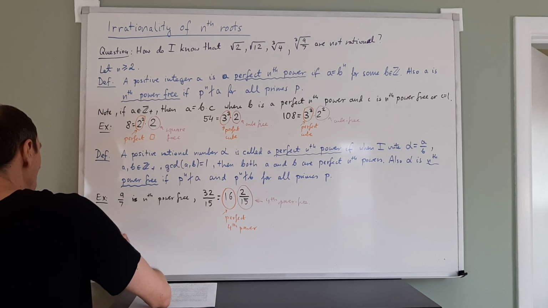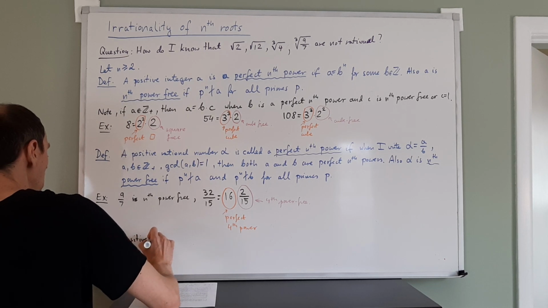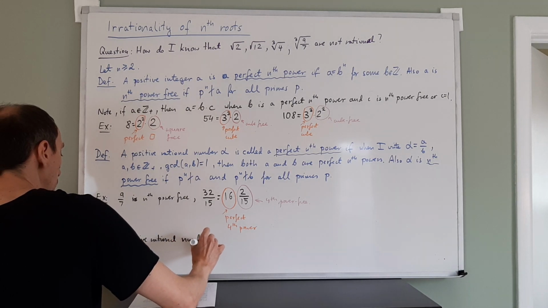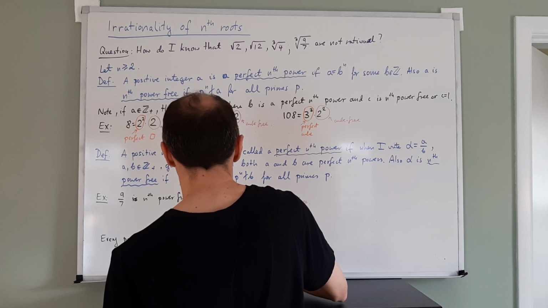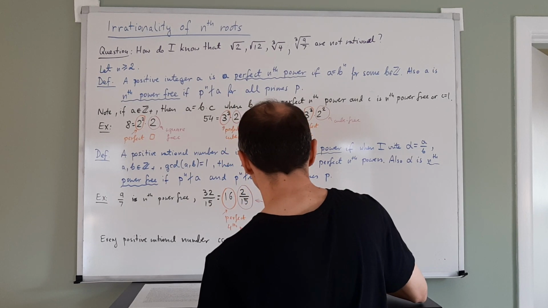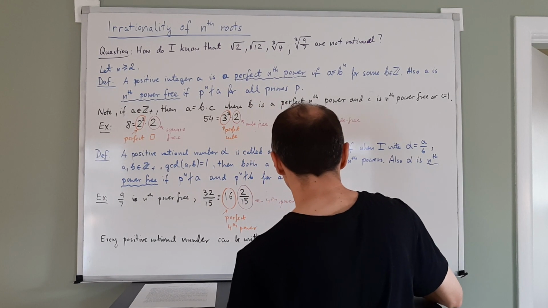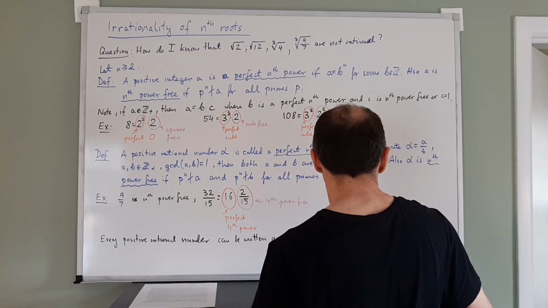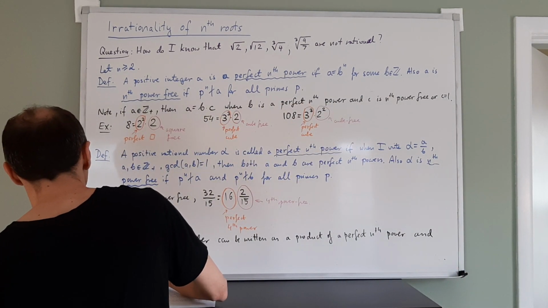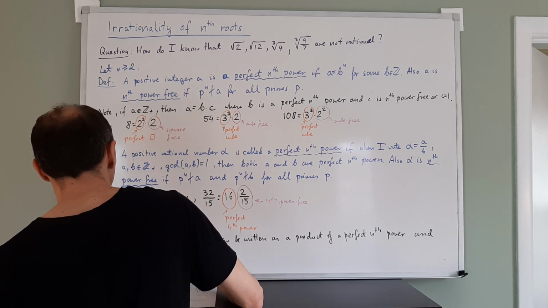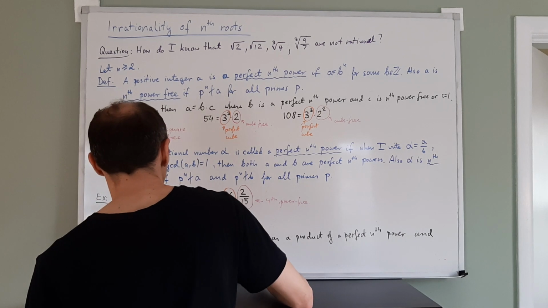So every positive rational number can be written as a product of a perfect nth power and a rational that is either 1 or nth power free.